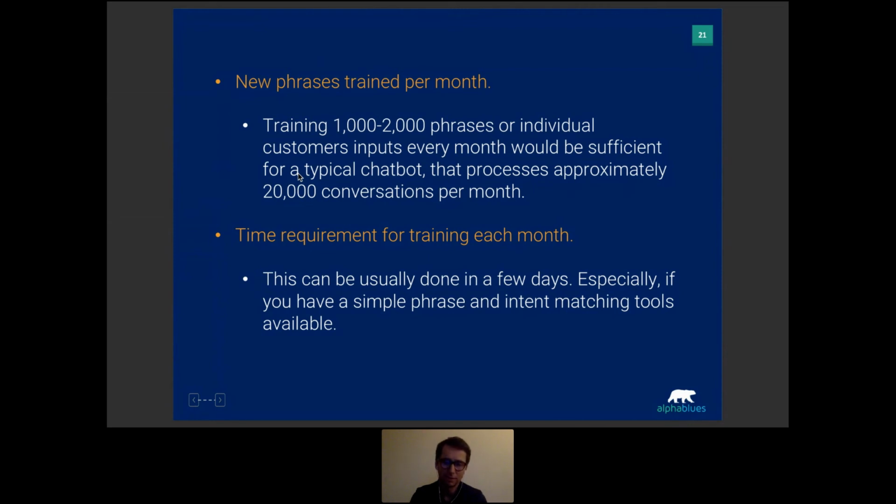It's something we constantly tell companies and people interested in this topic: it's not so hard to train the bots. It's not such a huge task volume-wise, but what is important is that you, as a bot trainer, think of the quality of the phrases you are training the bot with.